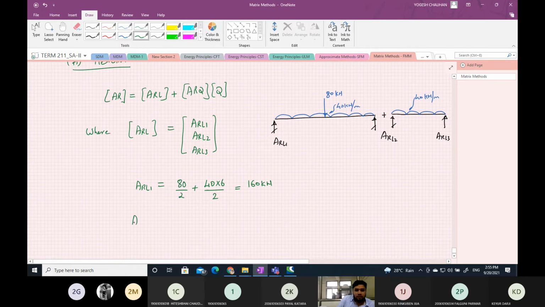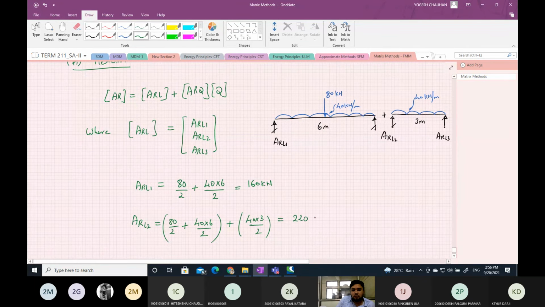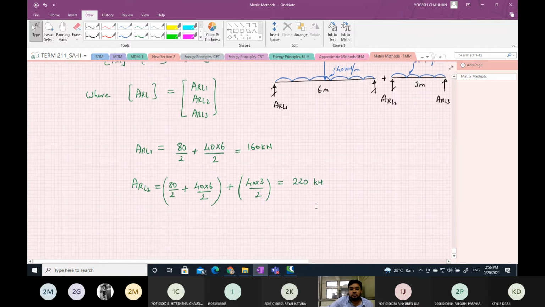Same way ARL2 will be 80 by 2 plus 40 into 6 by 2, that is for the first segment from this part, and from this part plus 40 into 3 by 2. This is 6 meter, this is 3 meter. So this will be equal to 220 kilonewton.